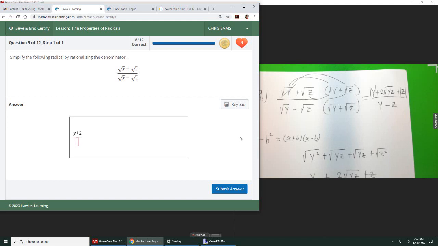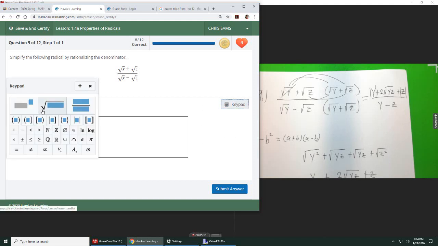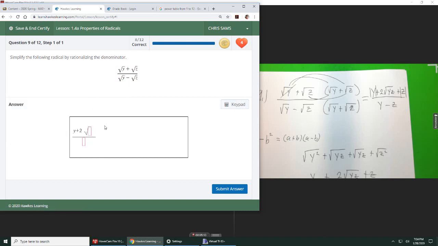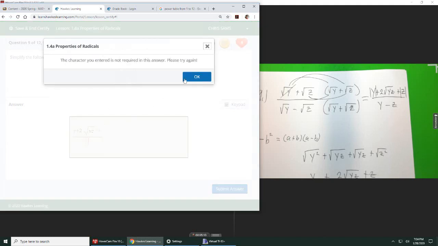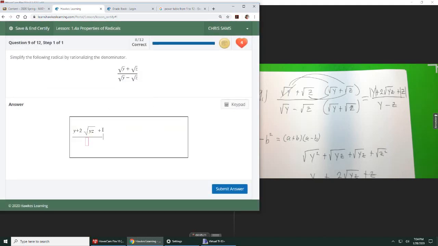Plus 2 square root of yz, arrow out, and then plus z. So whenever you do square root, you got to arrow over to get out of it, otherwise you'll keep typing underneath.